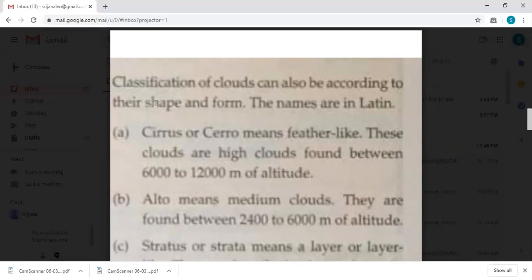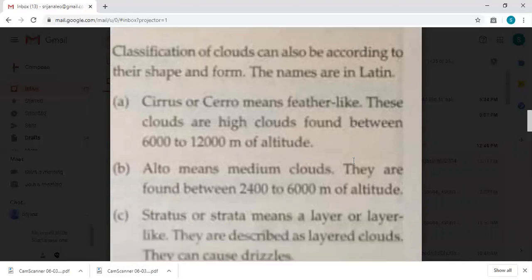Now, the first type we have is the cirrus clouds. Cirro, also it's known as. It looks like a feather. I've taken some pictures for you all also, which I'll show you in the later part of the video. They are feather-like, and these clouds are high clouds. They are found between 6,000 to 12,000 meters, and they give us clear weather conditions.